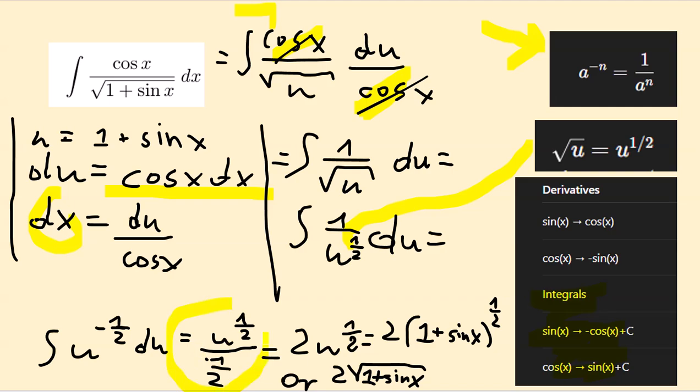We are applying the power rule here. And again, we also transform this 1 over u to the power of 1/2. We use this rule, that it equals u to the power of negative 1/2. And then from this transformation, we will be able to apply the power rule. And you substitute back this value.